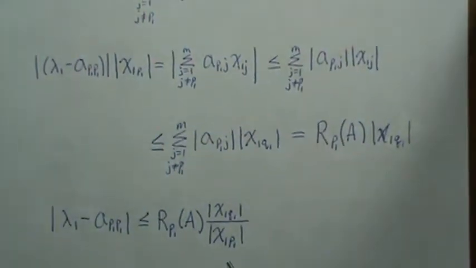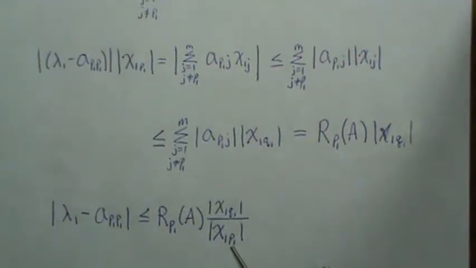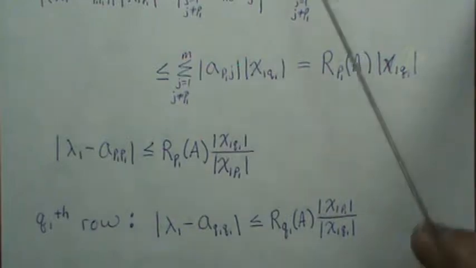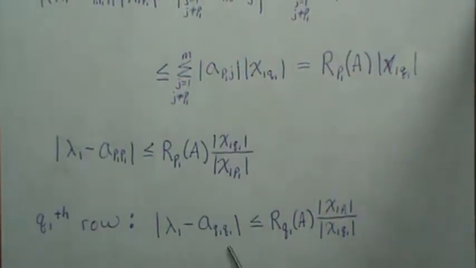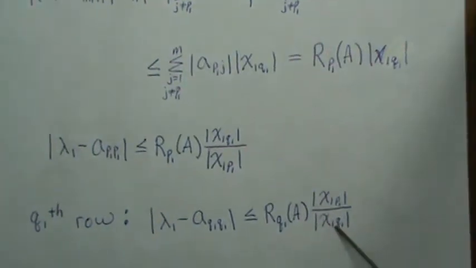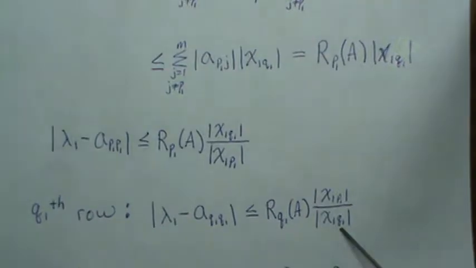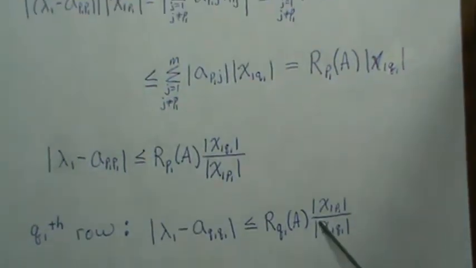Now let's remember that and look at the qth row. If we go through this same thing, we get this relationship. Note that the p is on top in one and the q is on top in the other.